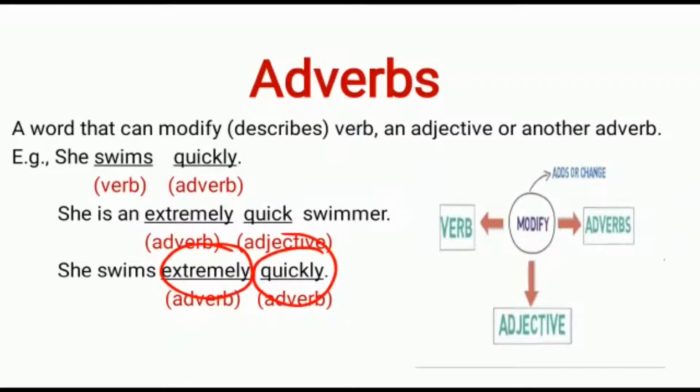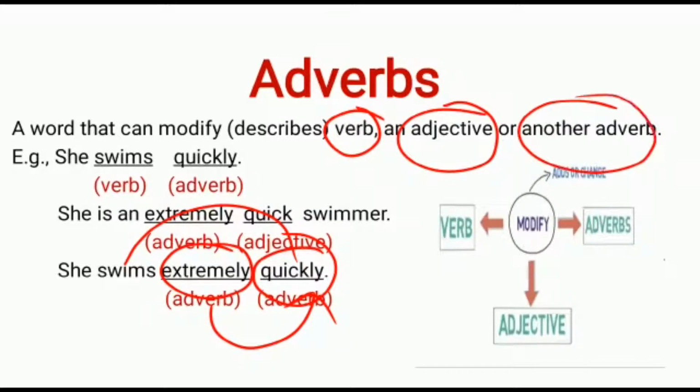We could have said that she swims quickly, but we need to know the intensity of the action, and that is why we have used the word extremely here with quickly, and thus the adverb is modifying another adverb. So I hope now you have understood how adverbs modify or describe a verb, an adjective or another adverb.